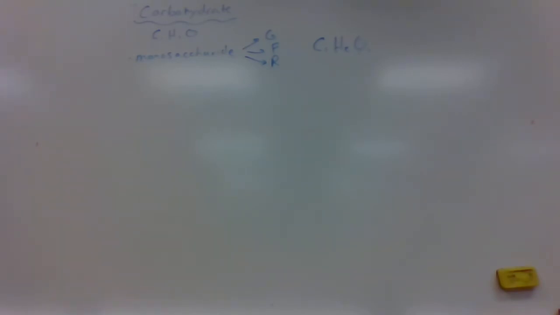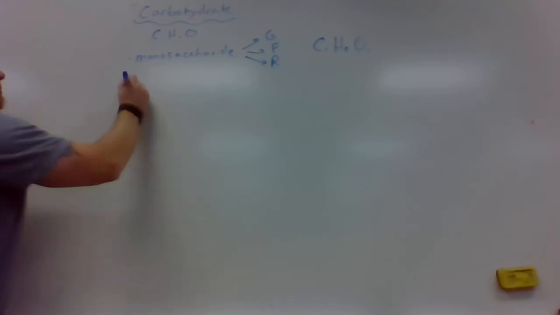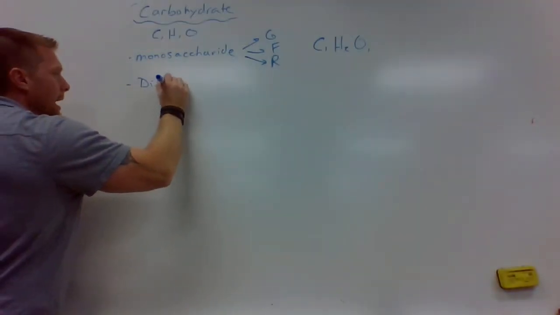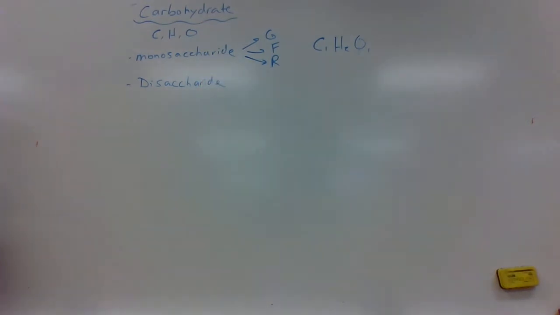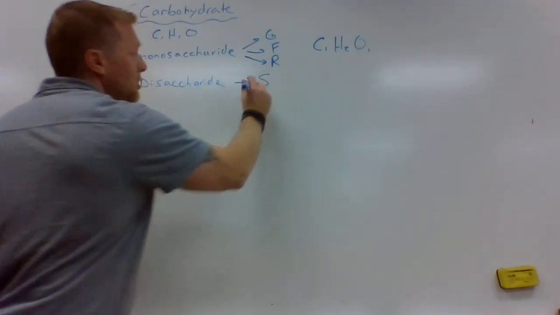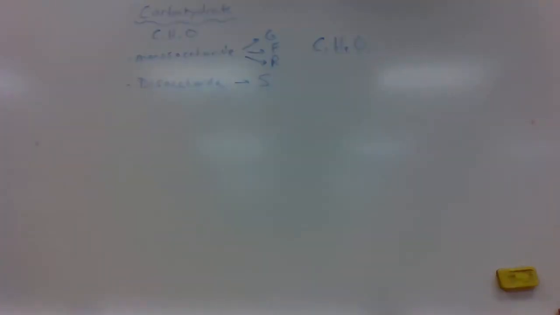When you put 2 monosaccharides together, you make a disaccharide. And the most typical disaccharide you're going to see is going to be sucrose, table sugar. When you put 2 monosaccharides together, what chemical reaction do you have to perform?